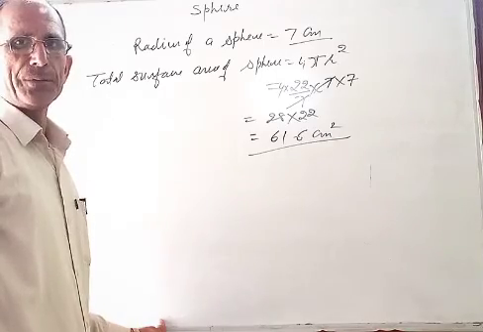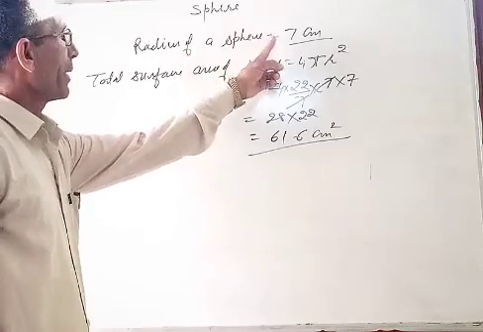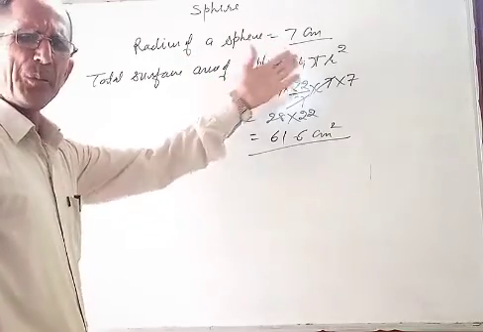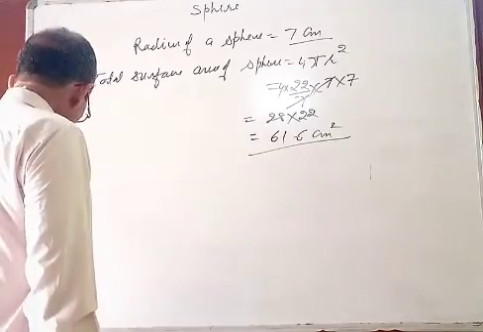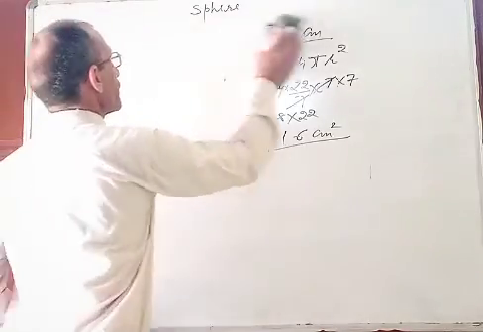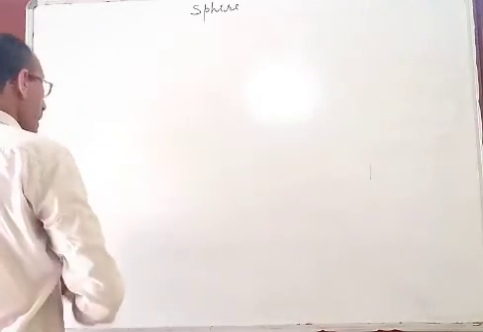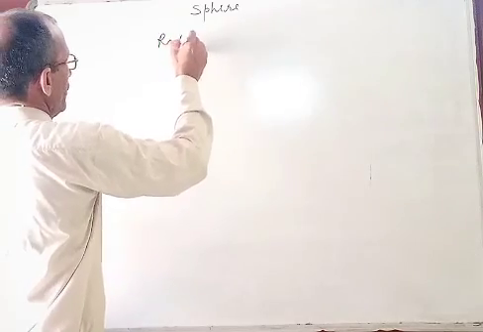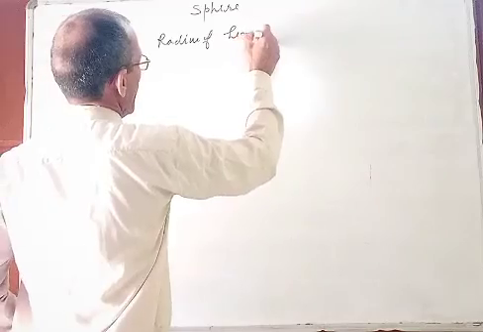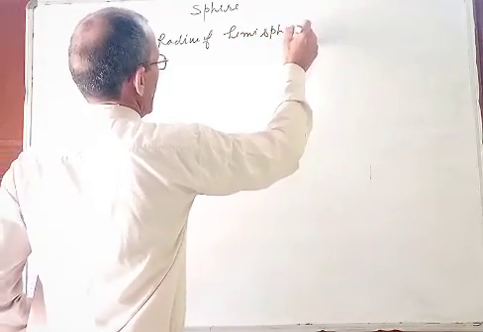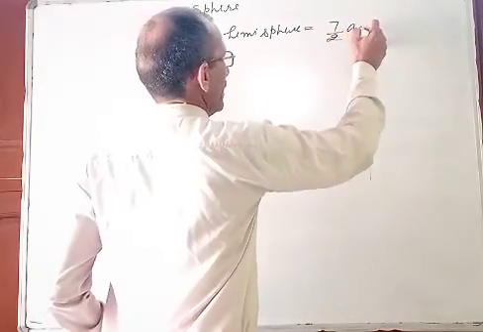Any doubt, any confusion? Okay. Now the radius of the sphere is 7 centimeters. The same formula you can use for a hemisphere also. The radius of a hemisphere is 7 by 2 centimeter.